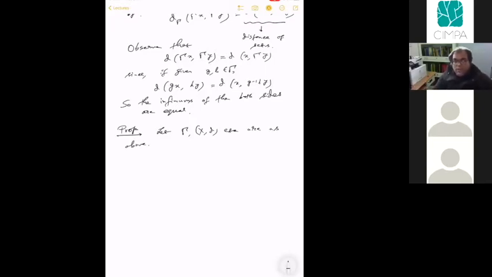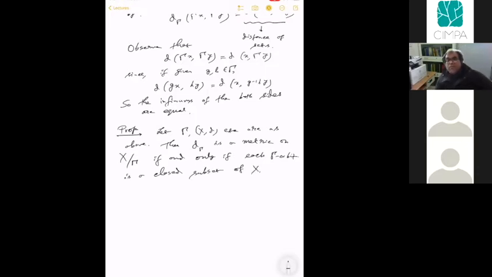Then d gamma is a metric on X mod gamma if and only if each gamma orbit is a closed subset of X. Now let's try to see if we can prove it.